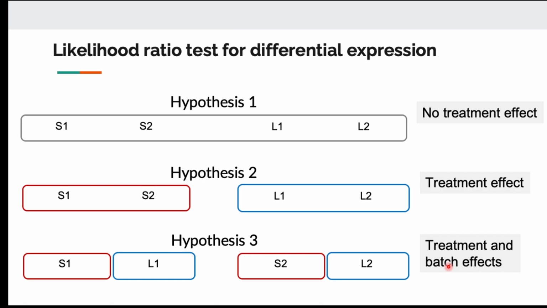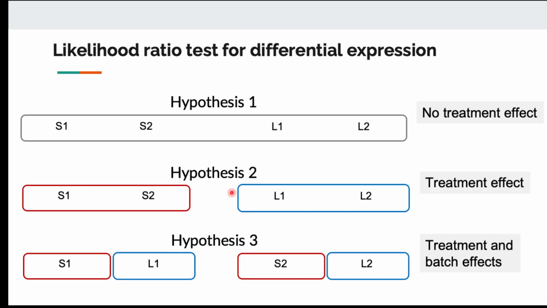So now you have 3 hypotheses with different betas, and each will have a different likelihood, like how well it fits your observed data. If your gene is expressing at the same level across 4 samples, your hypothesis 1, your model 1, might fit it better.